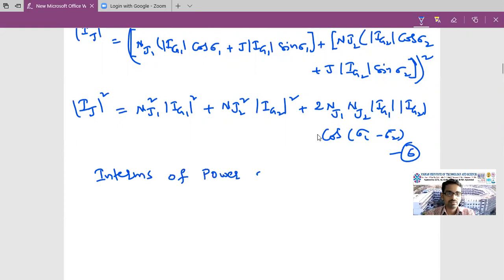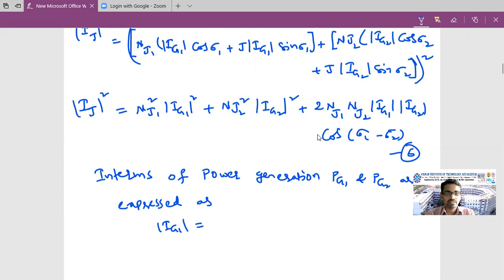So here magnitude of Ig1 I can write as Pg1 by root 3 V1 cos theta 1, because we know that power P is equal to root 3 V I cos theta for 3 phase. So from this only we have got Ig1.